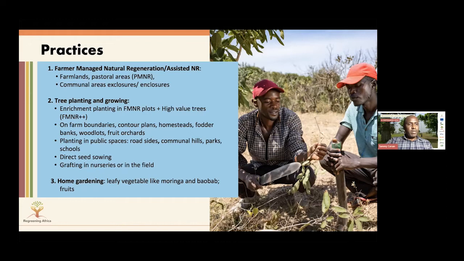So we've combined the FMNR approach with enrichment planting, so that we are also having a bit of high-value trees to add to what we are offering communities, but also adapting management approaches that integrate trees and optimize tree integration within farms.